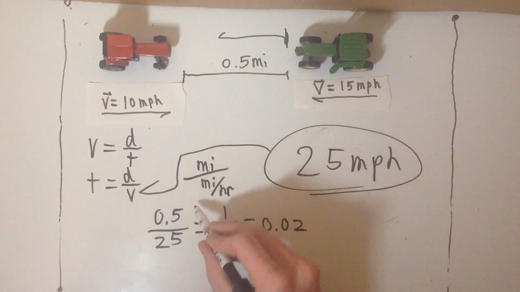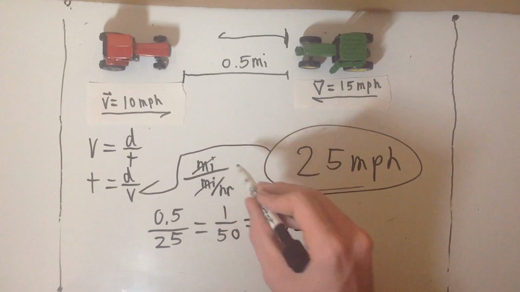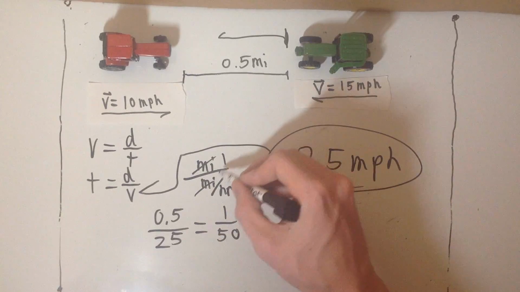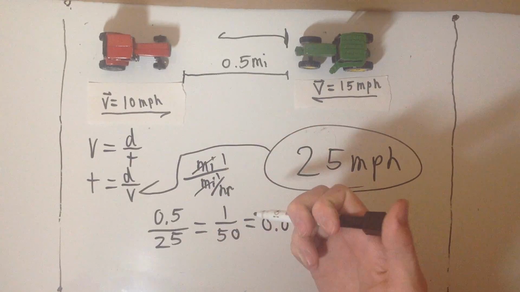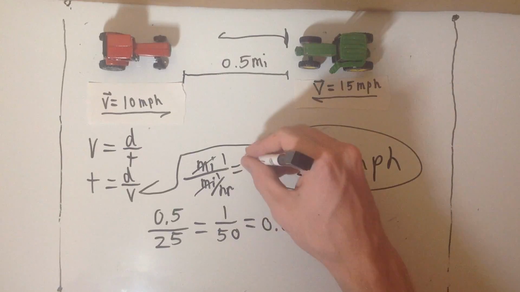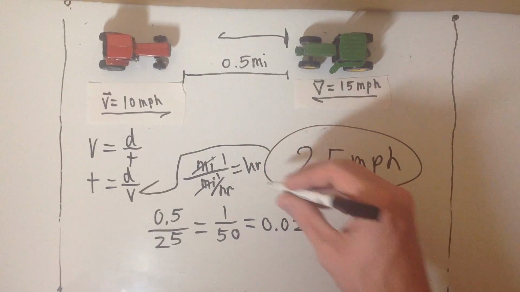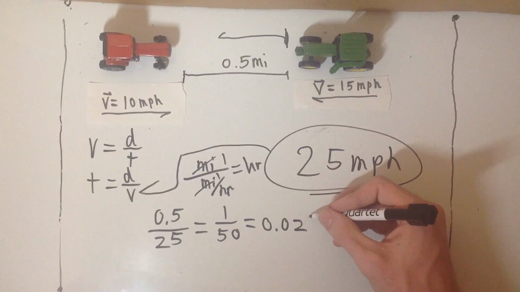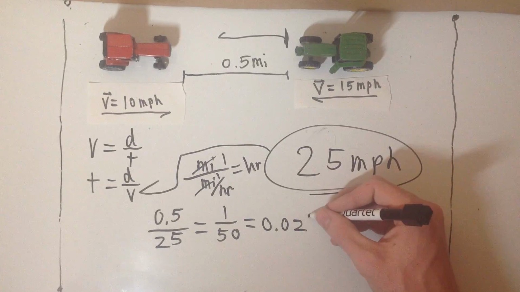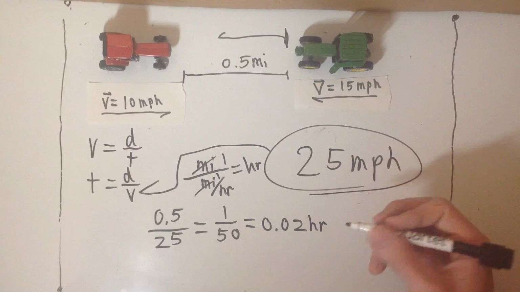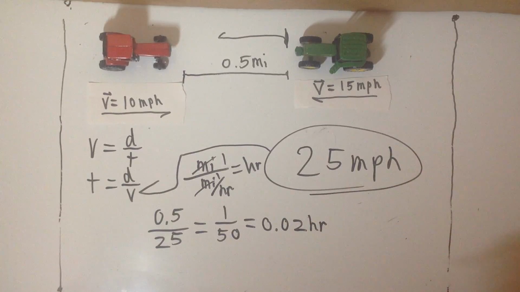The miles, once again, cancel each other out. We have 1 over hour, which equals just a plain old hour. So we are going to collide in 0.02 hours. It's a lot faster when they're going towards each other.